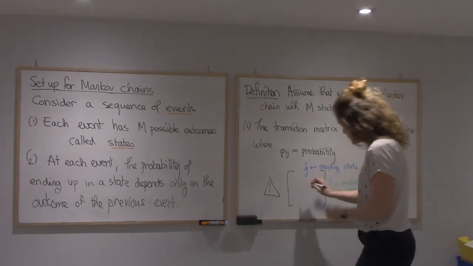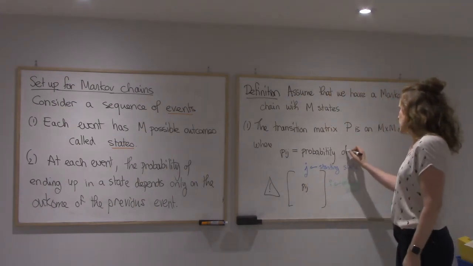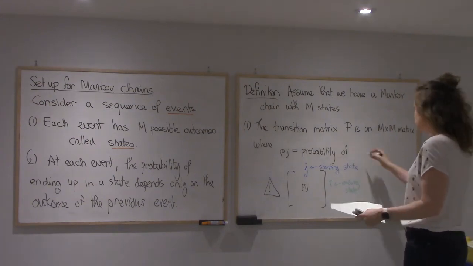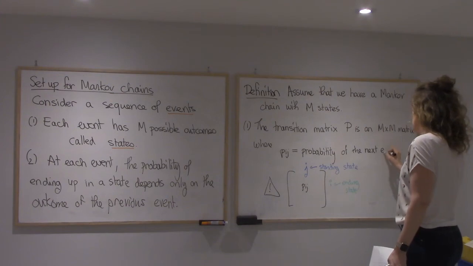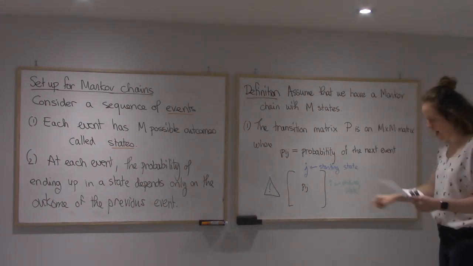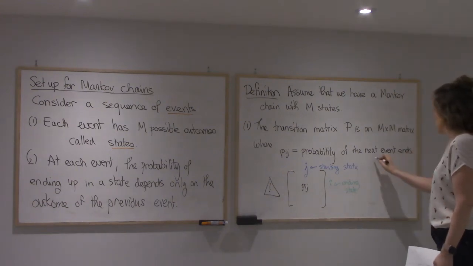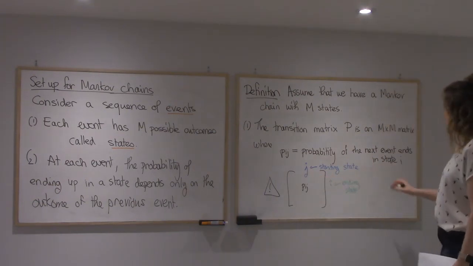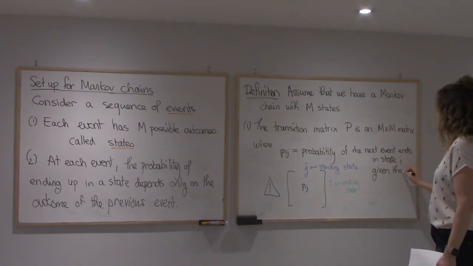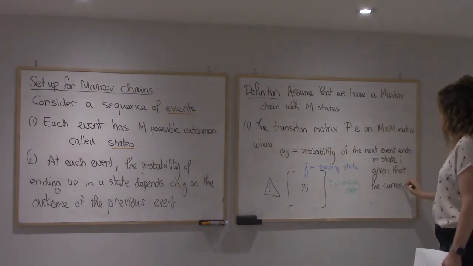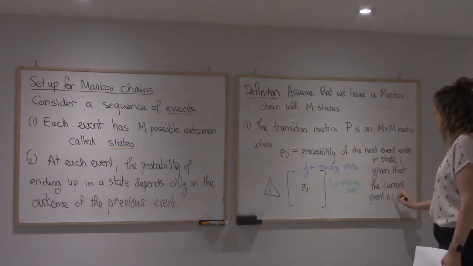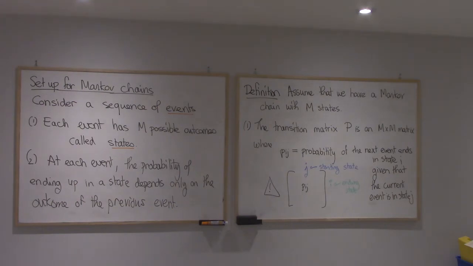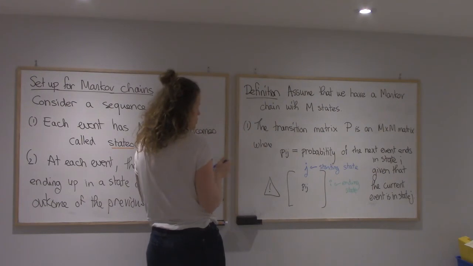So Pij, which would be this element here, will be the probability of the next event being in state i, given that the current event is in state j. All right, so that's the transition matrix.